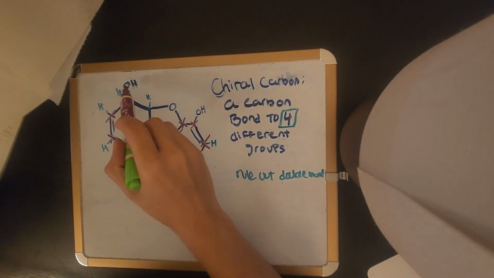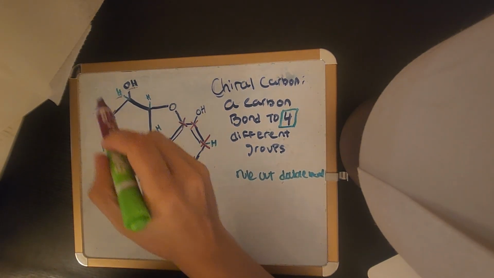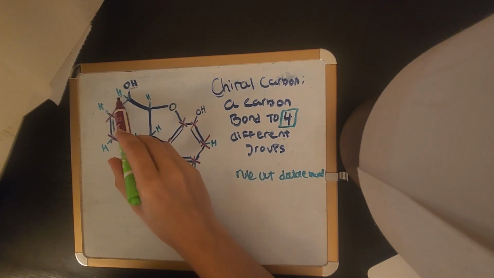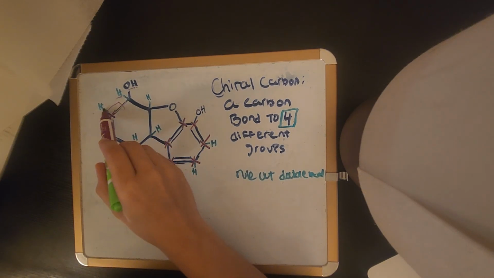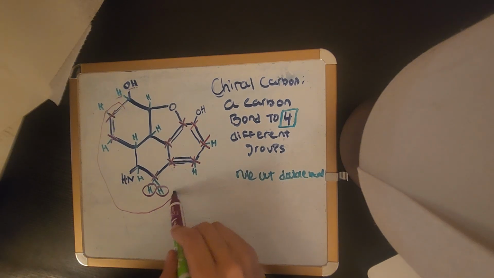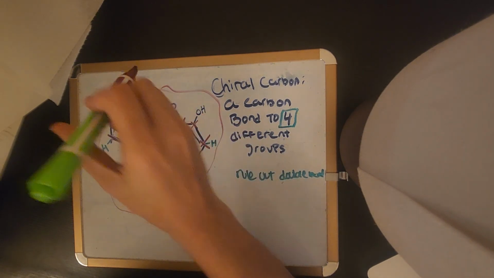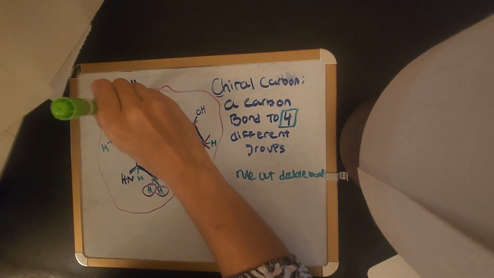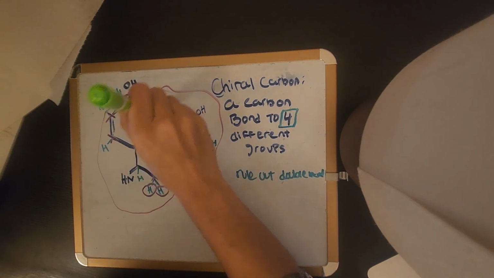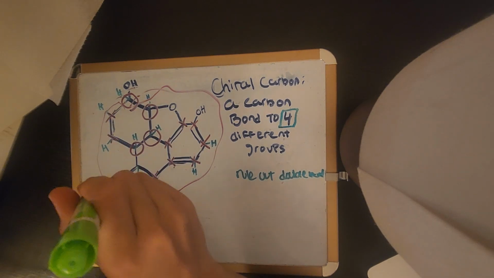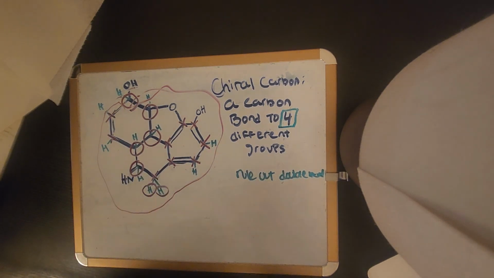This is bound to OH, H, and then remember that when it's bound to this, it's bound to everything from this side, and it's bound to everything from that side. So in essence, this is a chiral carbon, this is a chiral carbon, this is a chiral carbon, this is a chiral carbon, and this is a chiral carbon.